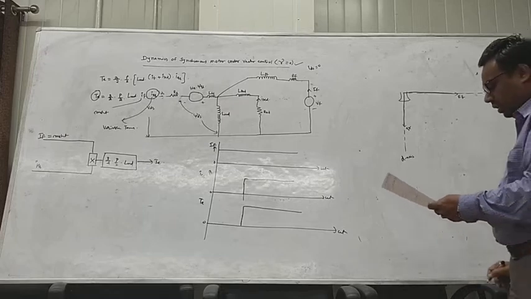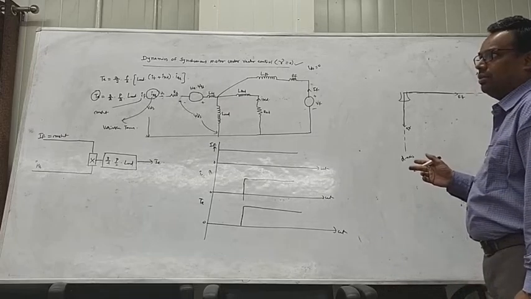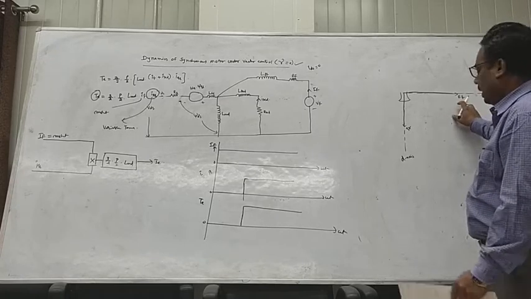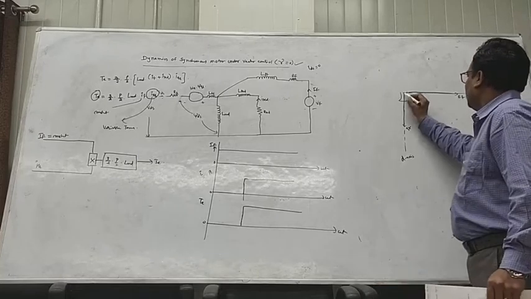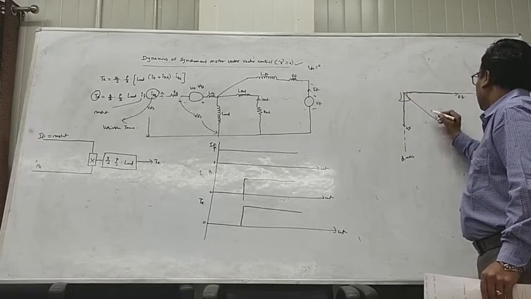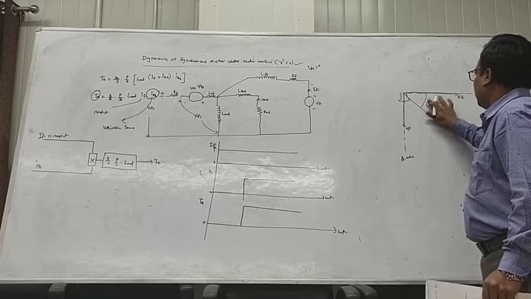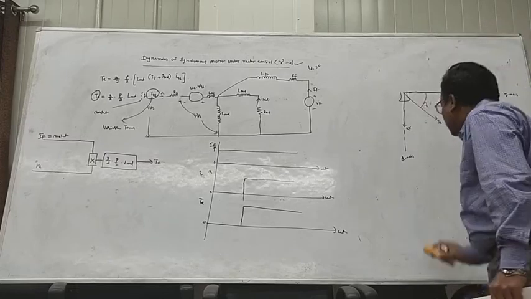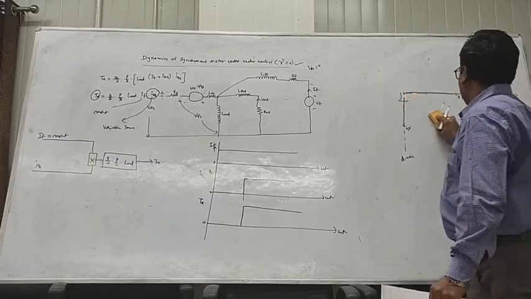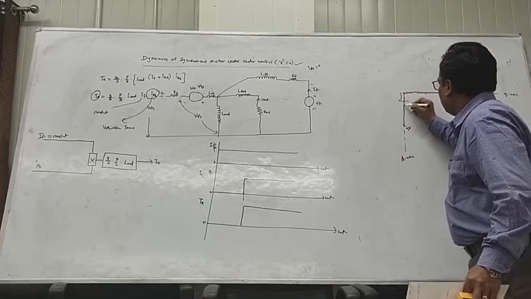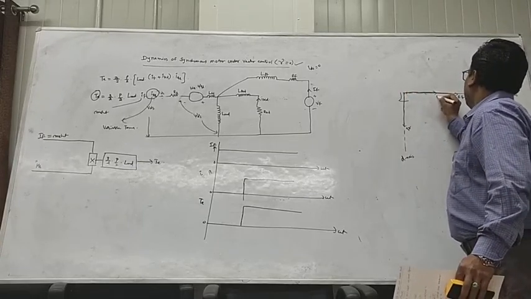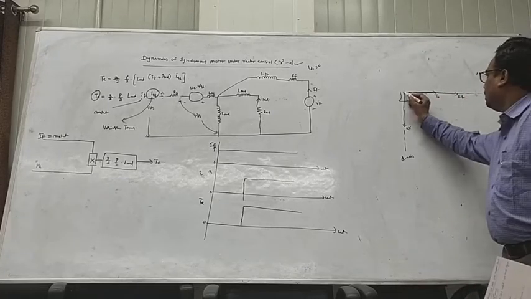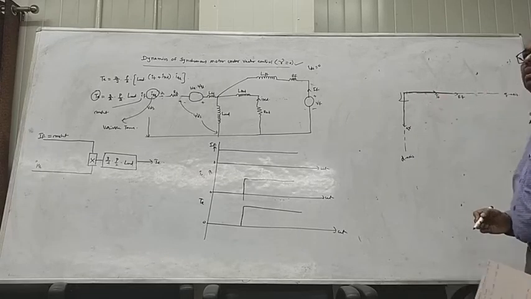Gamma is the angle between the field current and IS; this angle is gamma. Now gamma is 0, which means IS is aligned to the field current, and it is also in phase with the field induced EMF.